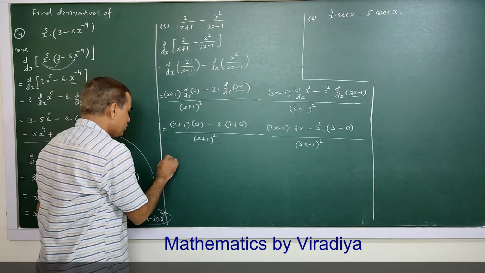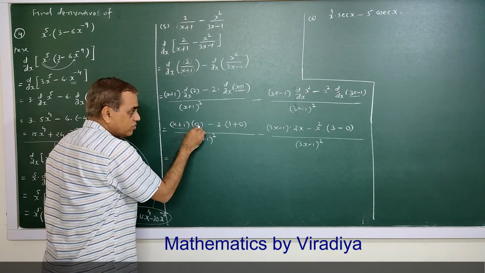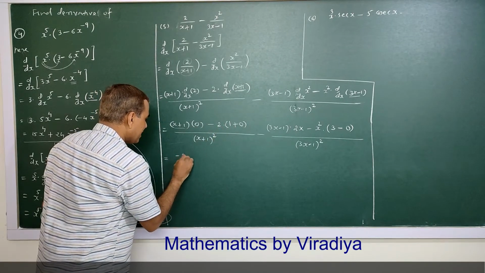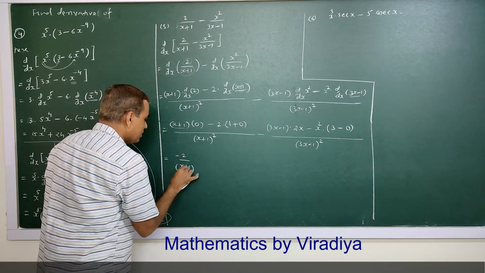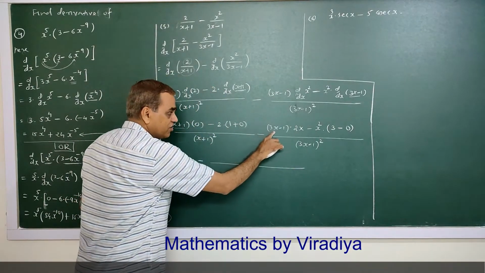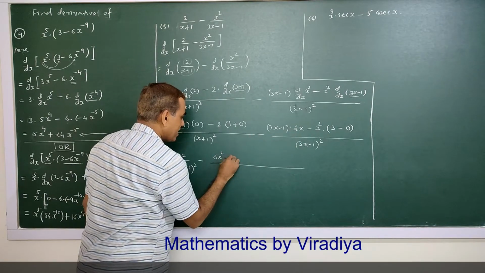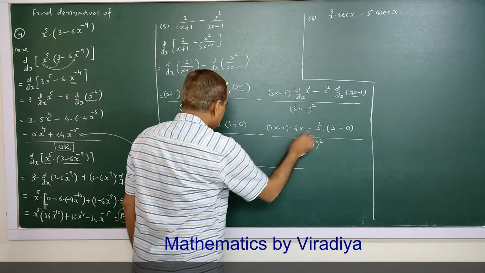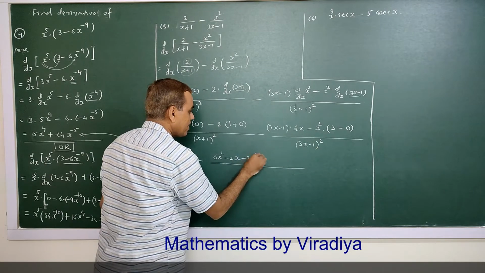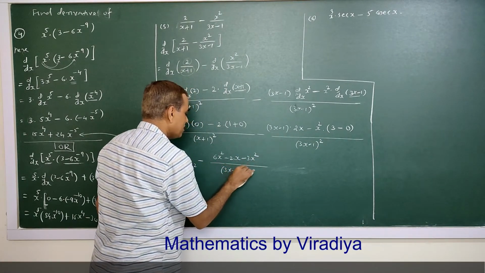So this is equal to, now see, x plus 1 into 0 is 0, this will be minus 2, so minus 2 by x plus 1 whole square, minus, simplifying this, 3x into 2x is 6x square minus 2x, this will be minus 3x square upon 3x minus 1 whole square.